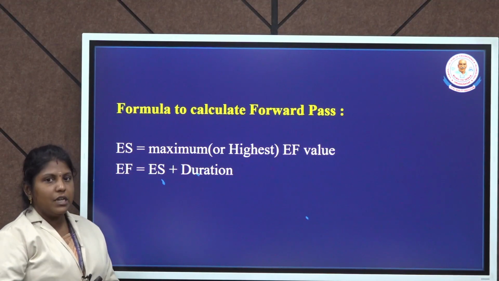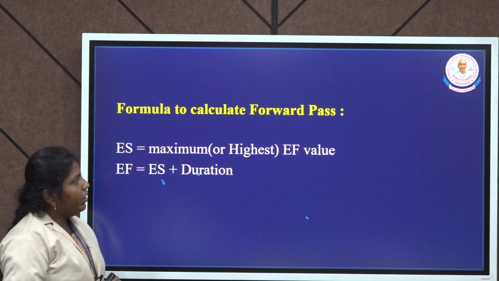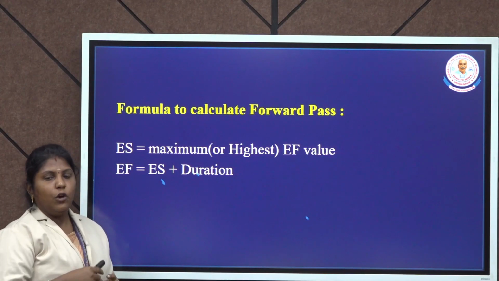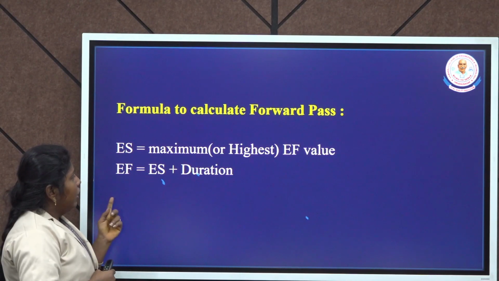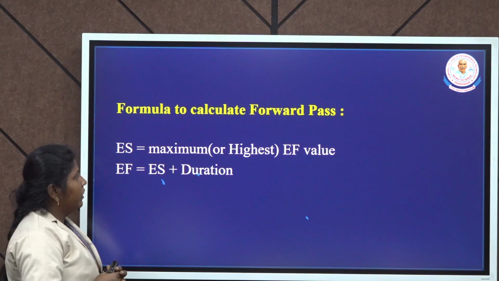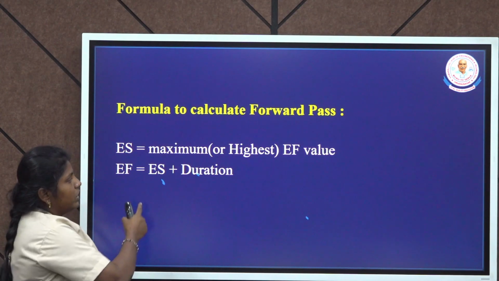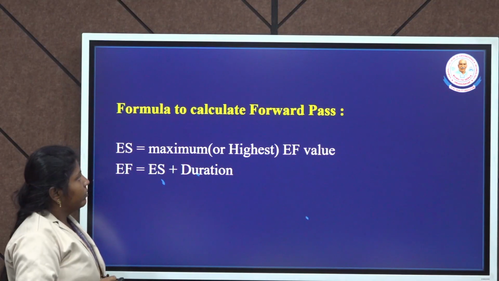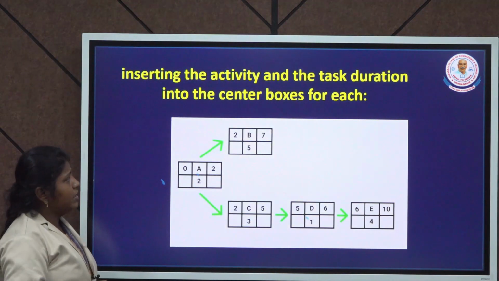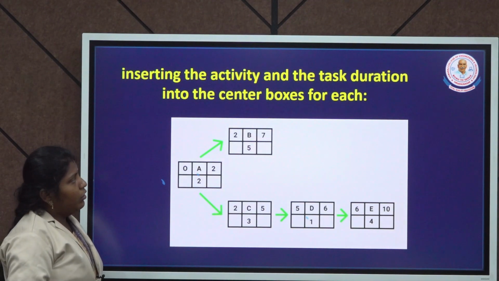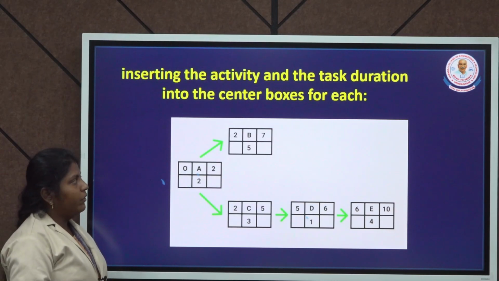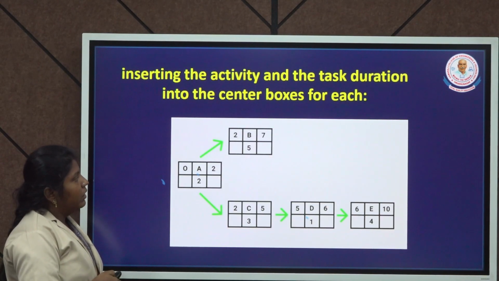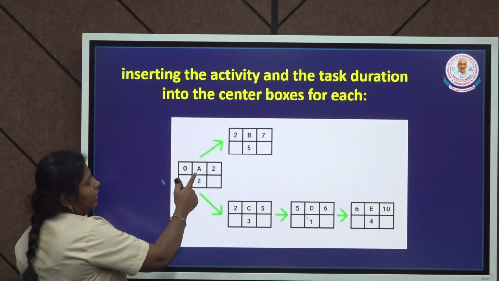ES means early start, is equal to the maximum or highest EF value taken between the dependency of the activities, and EF is the early finish which can be calculated by using the formula ES plus duration. So, this is the simple forward pass technique, how the activities can be moved one by one by using this forward pass method.